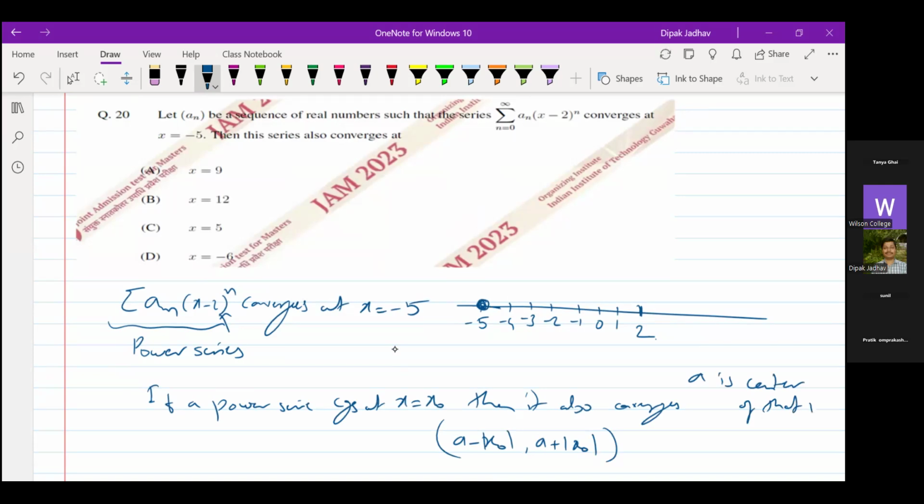So this is the center of the power series, and it converges at minus 5. How far is this minus 5 from the center? 1, 2, 3, 4, 5, 6, 7. So it converges from here. You have to add 7 on this side. What will you get? 9. So within this interval it converges.